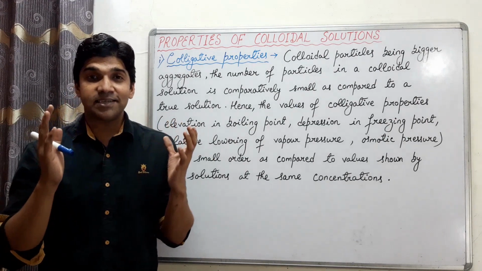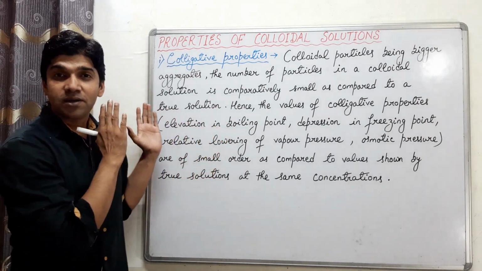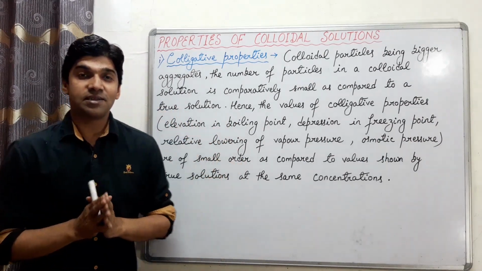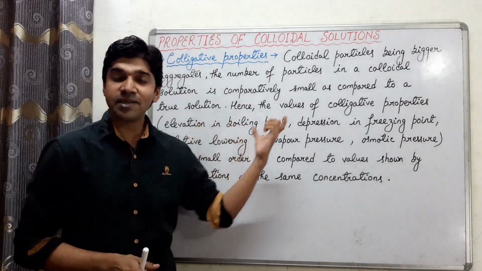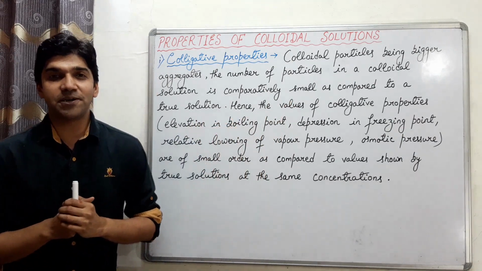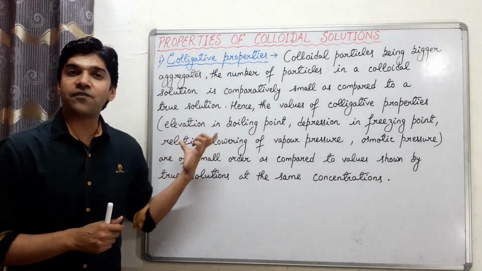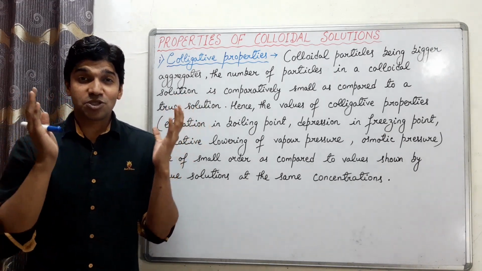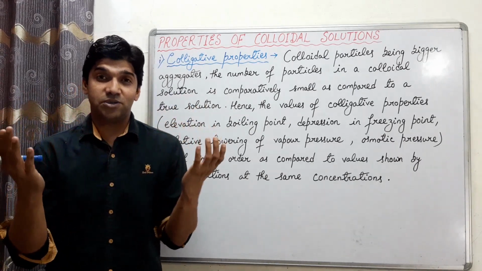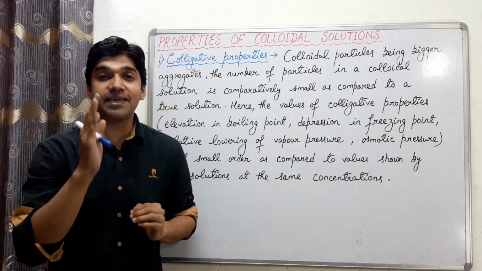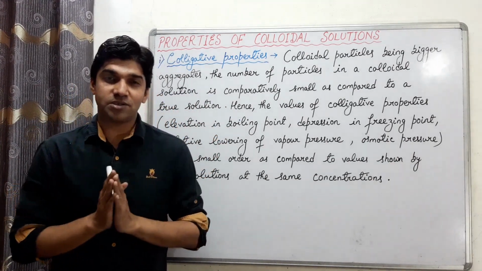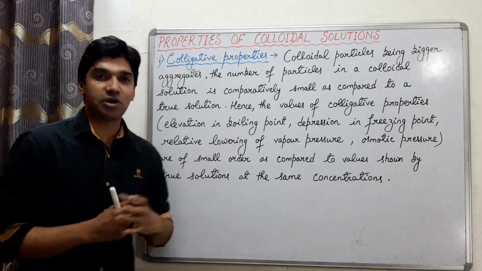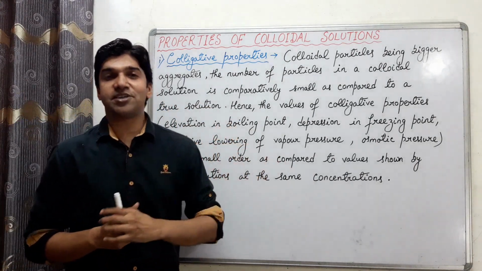So in the case of colloidal solution, the colligative properties, which are elevation in boiling point, depression in freezing point, relative lowering of vapor pressure, and osmotic pressure, their values will decrease as compared to the values shown by true solution at the same concentration.